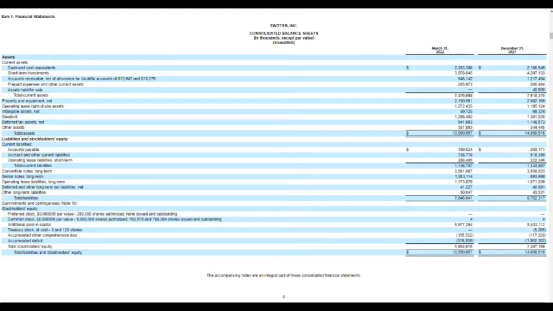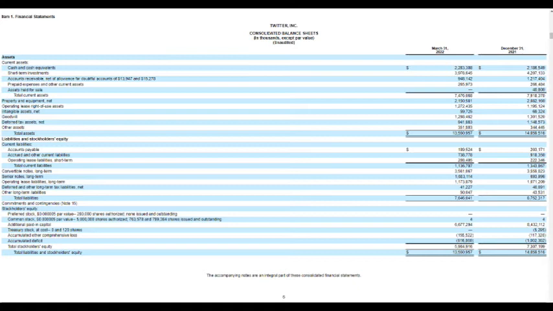So we look, we've got the assets, we've got current assets, we've got cash and cash equivalents. Then we go down, we see goodwill, deferred tax assets, then we see total assets. Then we get to liabilities, stockholders' equity, current liabilities, convertible notes long-term, senior notes long-term, total liabilities down here.